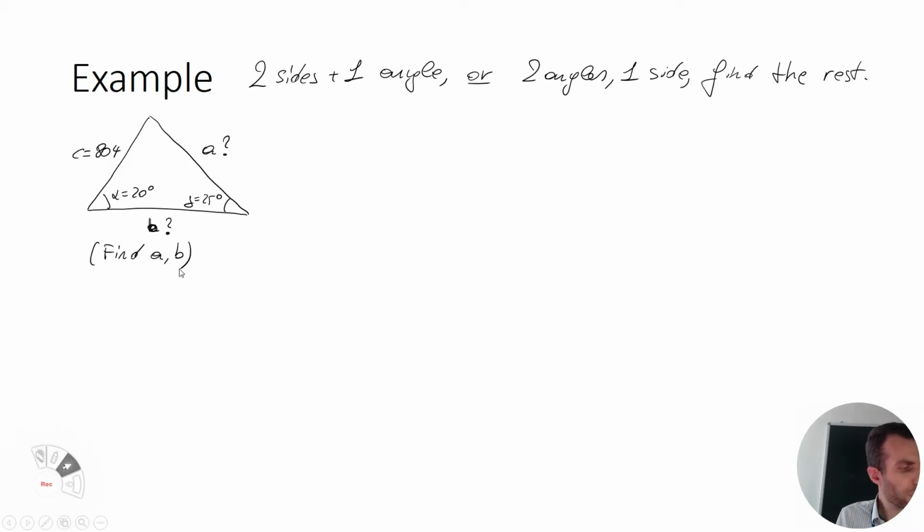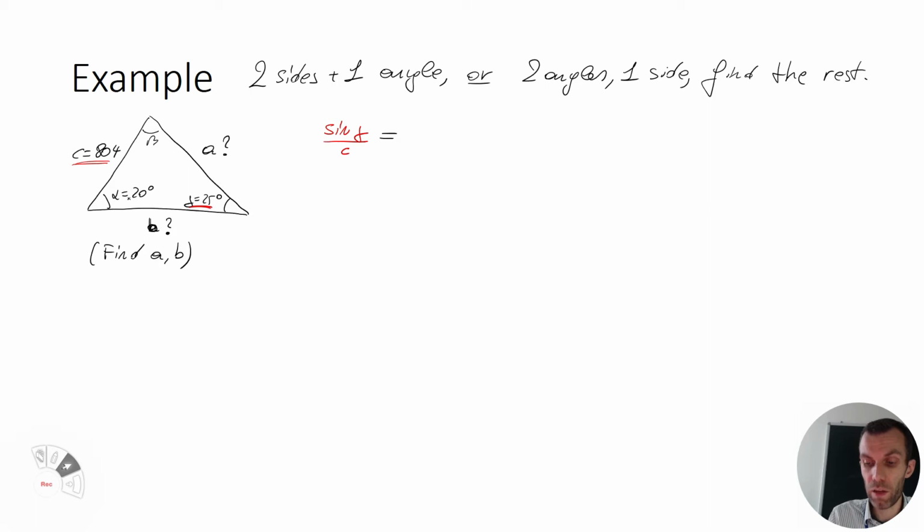If I look at the triangle, there's one pair of side and angle that I know everything about. It's C and gamma. So let's start with those two. I have sine gamma divided by C, and that's going to be equal to something. I don't know anything about beta or B, so let's put those aside for a second.